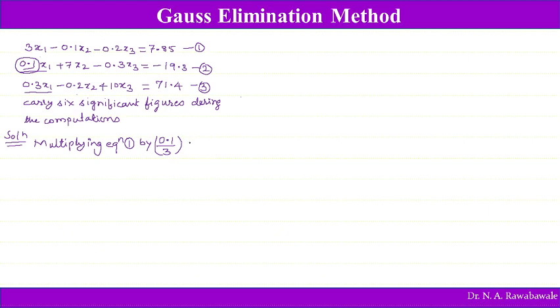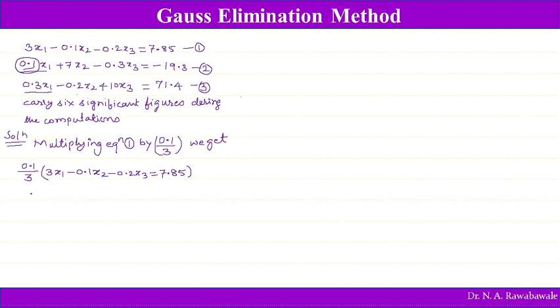So we get 0.1 divided by 3 into 3x1 minus 0.1x2 minus 0.2x3 is equal to 7.85.